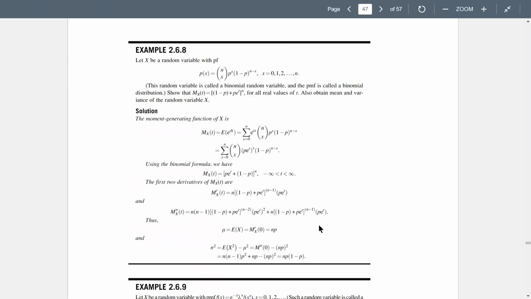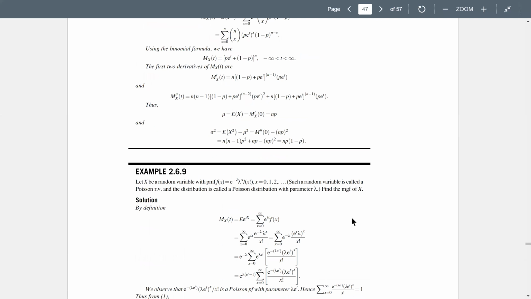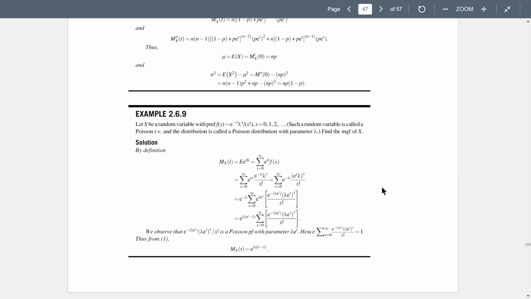And then by setting t equal to 0, you can get the mean, you can get the expected value of x squared, you can get the expected value of x to the power of 3 to the power of n, and so forth. Then come back with that, you can calculate your variance or your skewness, depending on how high the moment you want to cover.